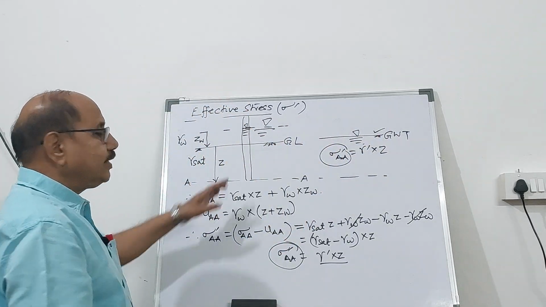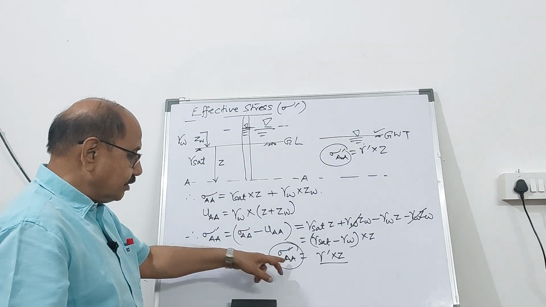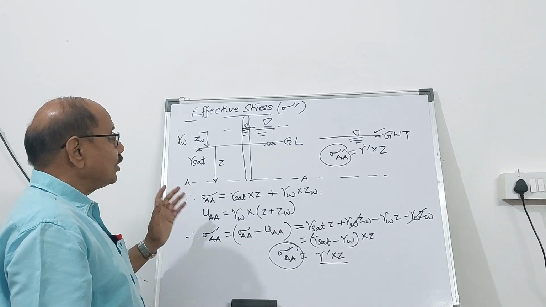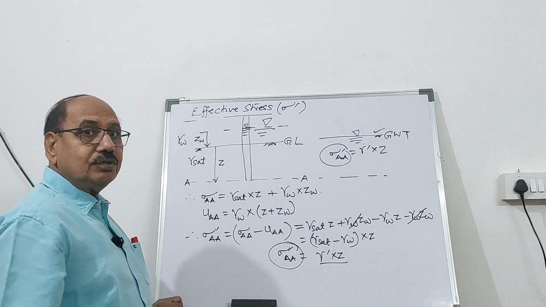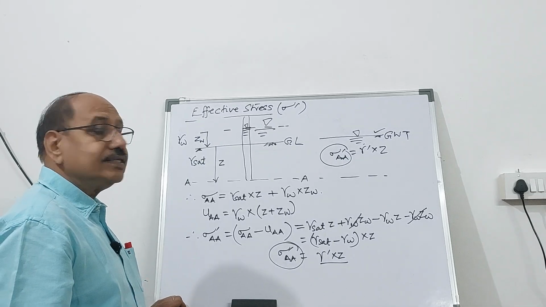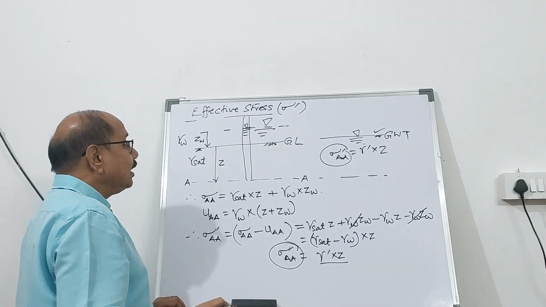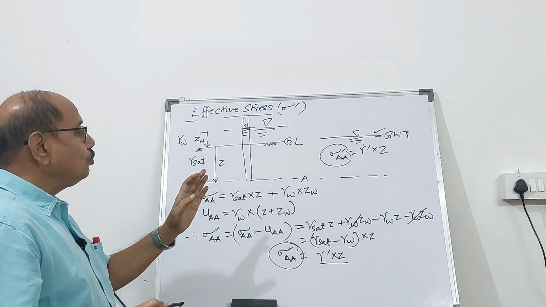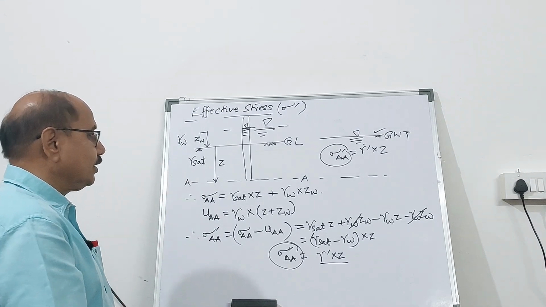Even if there is flooding of the area, the effective stress is not going to change. So the shearing strength of the ground is not going to change even if there is flooding of the total area. So this is how you can compute it.